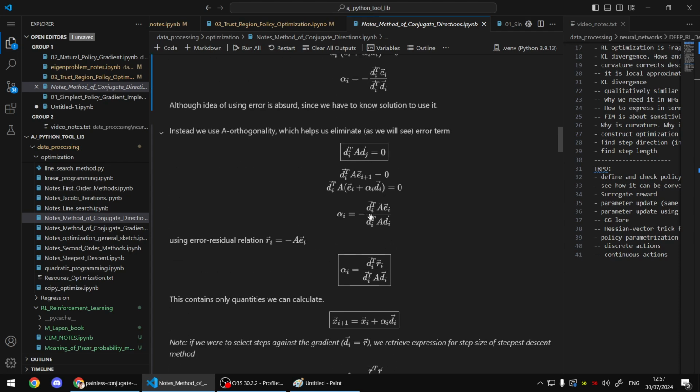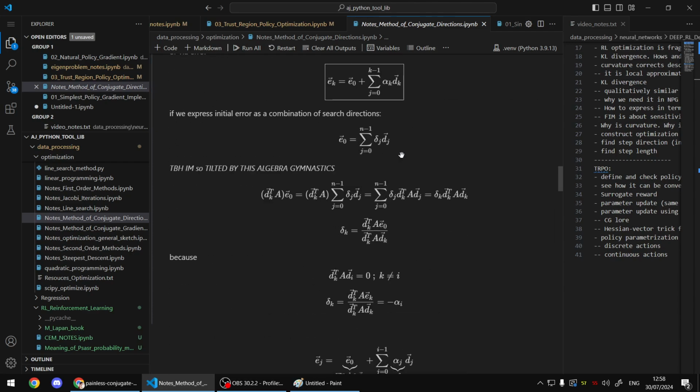And then we use this metric to orthogonalize them, but not in the typical sense, in a conjugate orthogonalized sense. It uses not curvature, but basically a curvature idea.